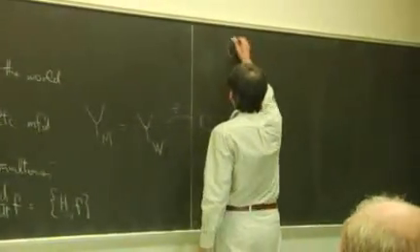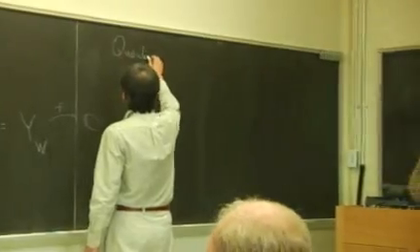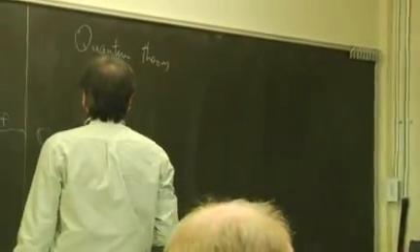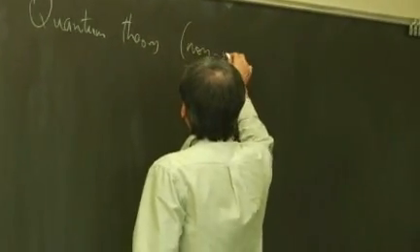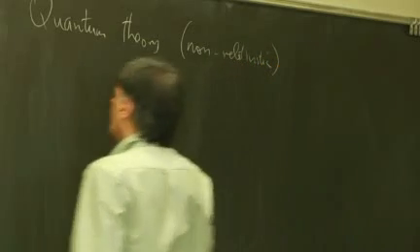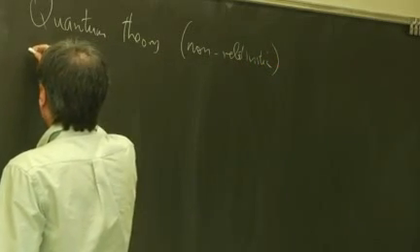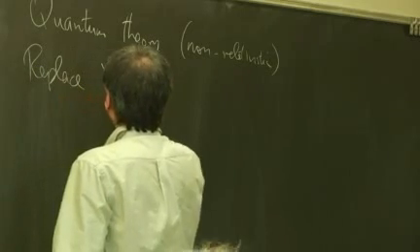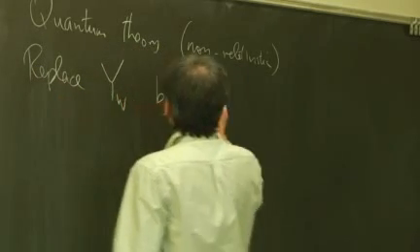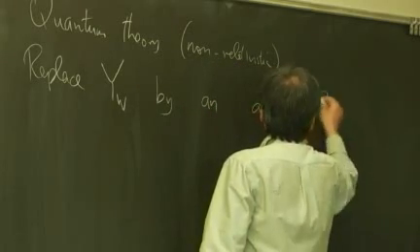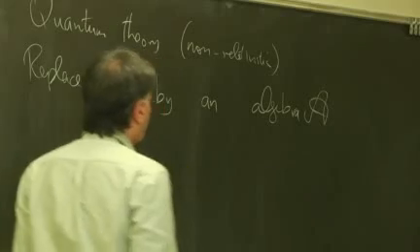So quantum theory, first of all, non-relativistic to begin with: we replace the state space by an algebra. Let's just call it A.